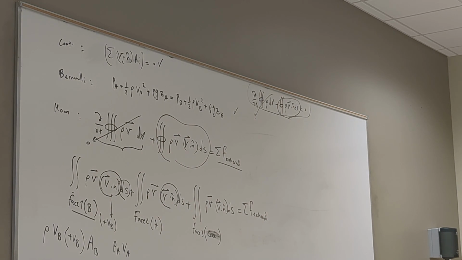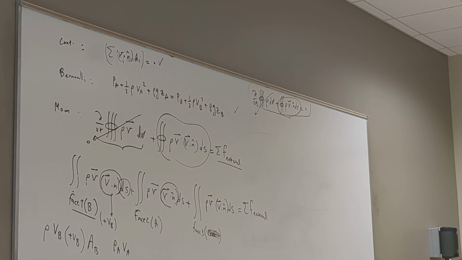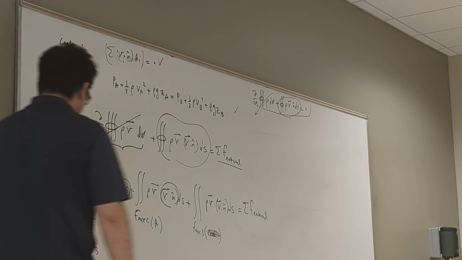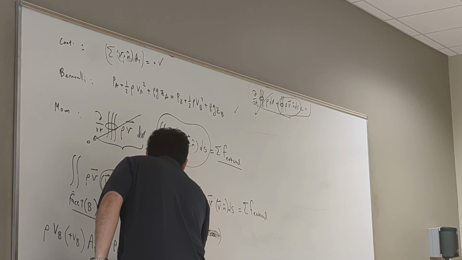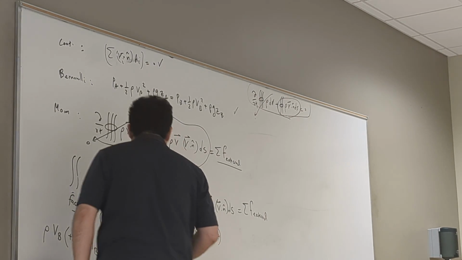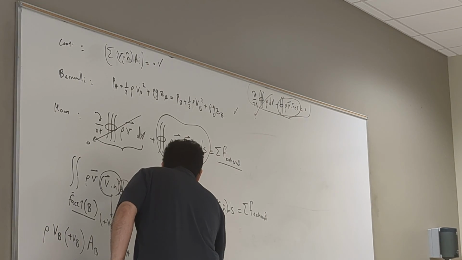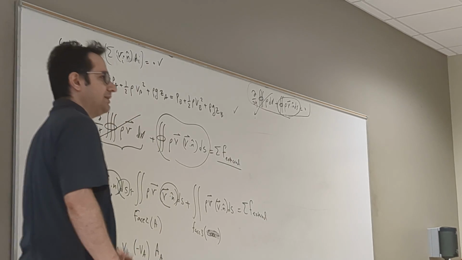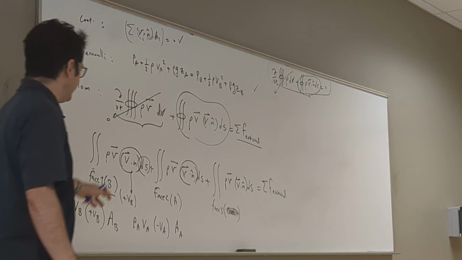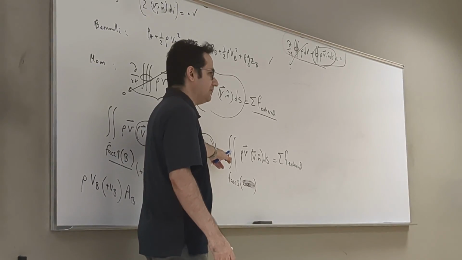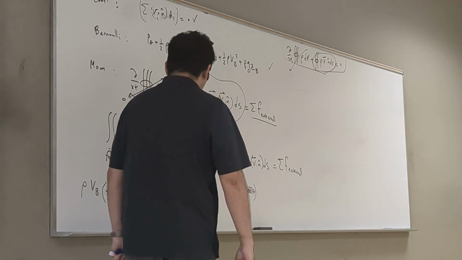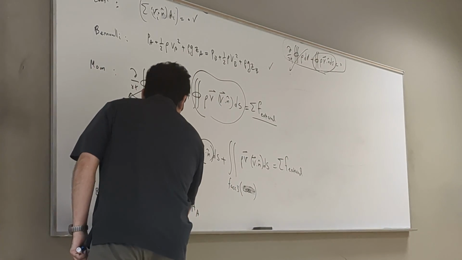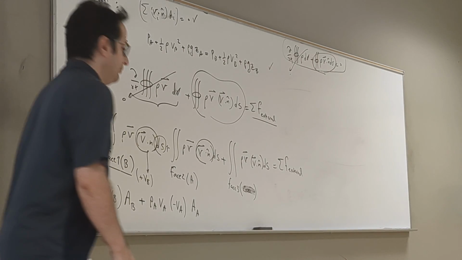The two vectors are 180 degrees opposite. You take the dot product and you get negative VA. Then the area at A, S at A, because when we do the surface integral, you take the surface area at A. All right? What else? What do I get for that?